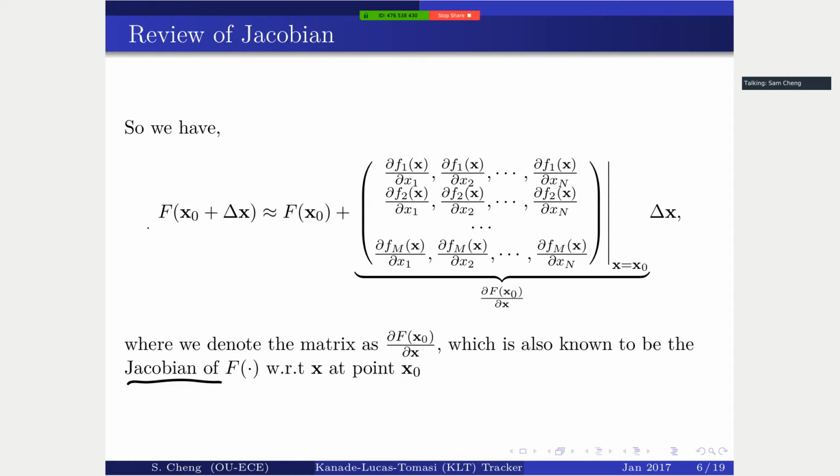If your function is not just a scalar but a vector, and you want to expand it to first order, then it is the value you want to expand from, plus the Jacobian multiplied by the difference by which you vary from the place you want to expand.